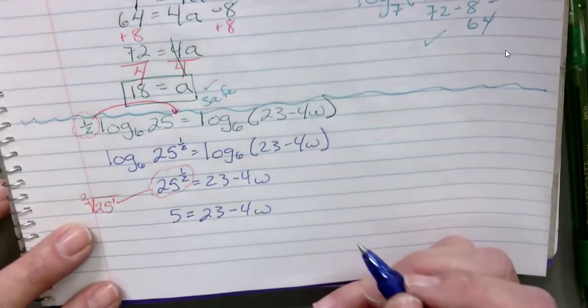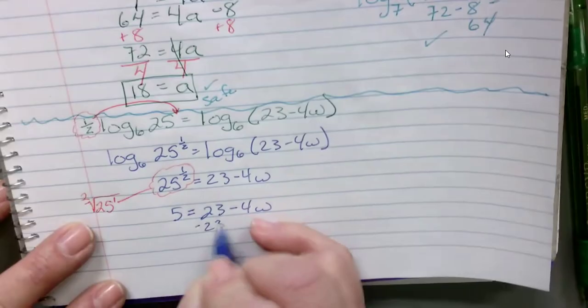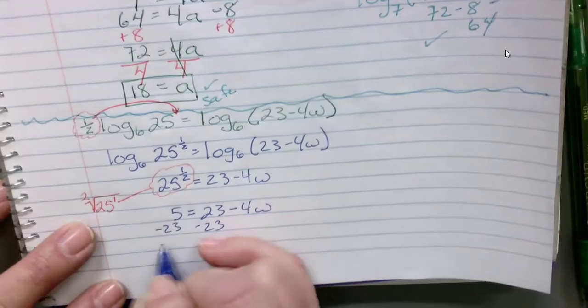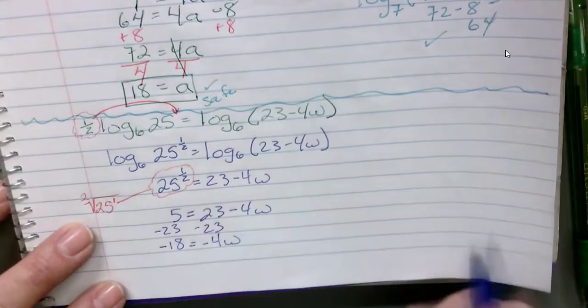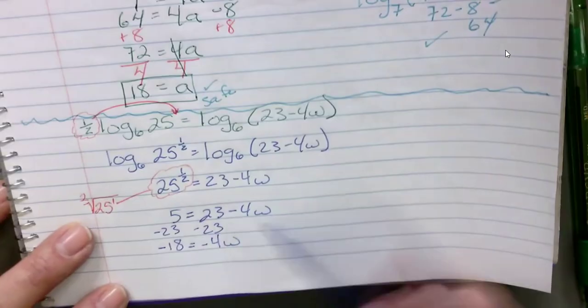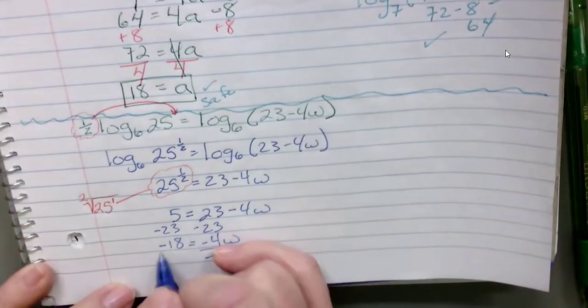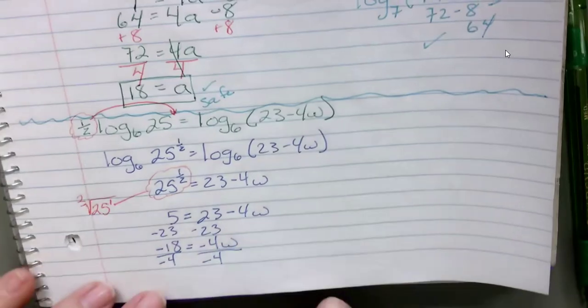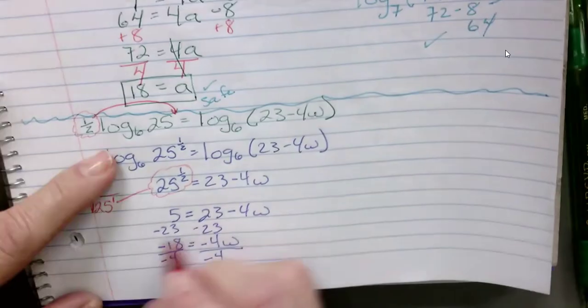Pause. Welcome back. I'm going to go minus 23 to both sides. So I get negative 18 equals negative 4w. A common mistake is that people lose the negative sign on the 4w. From here, I'm going to divide by negative 4 on both sides. I'm going to do this part out to the side.